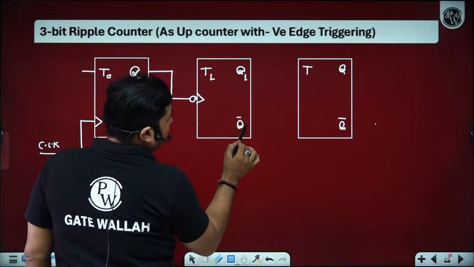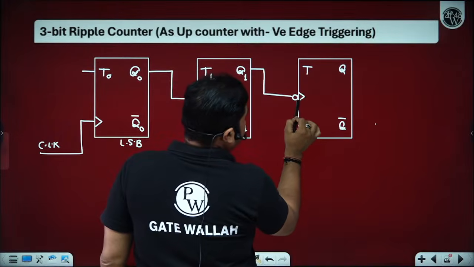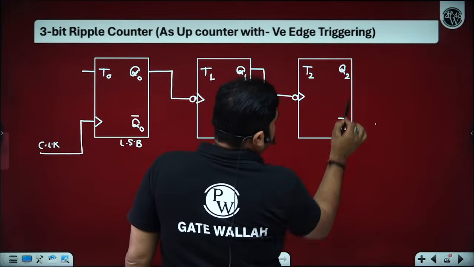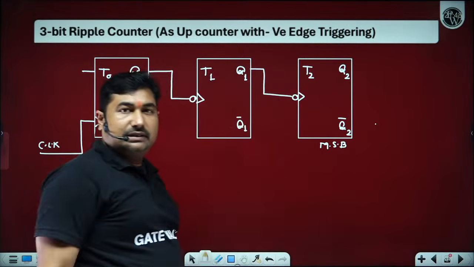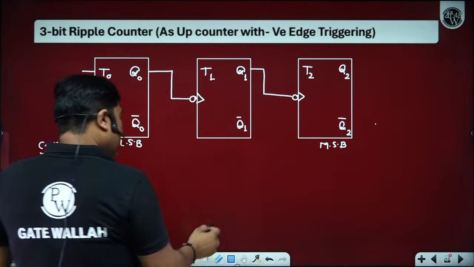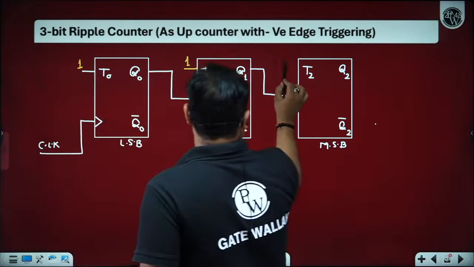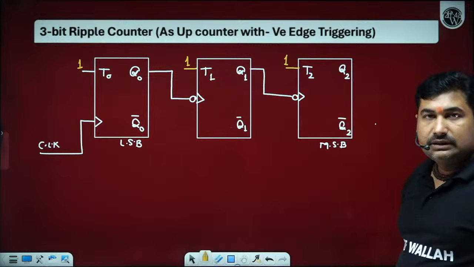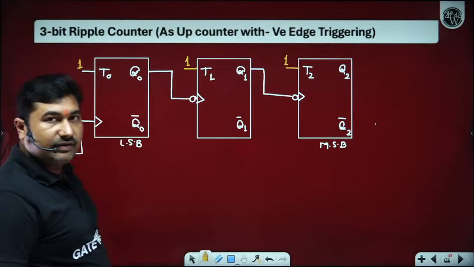Is it okay? In that way you can identify the next significant bits. So now you can easily observe the different significant bits in the counter. In a ripple counter, flip-flops always operate in toggle mode. For 3 bits we need 3 flip-flops.